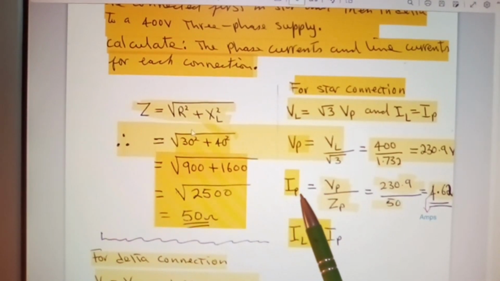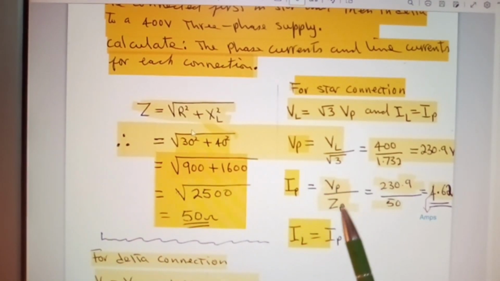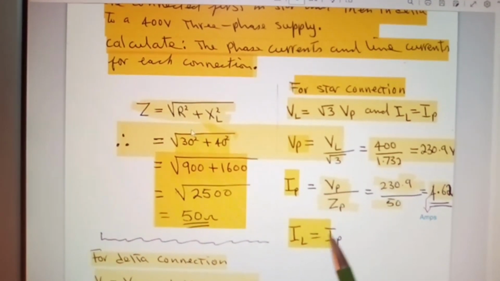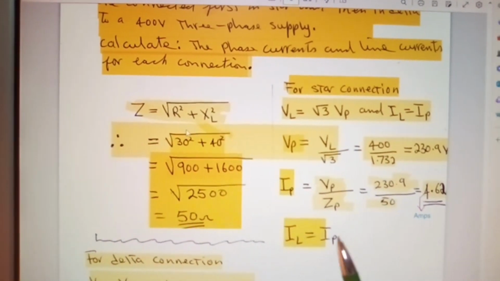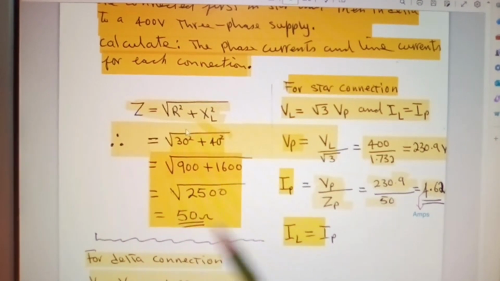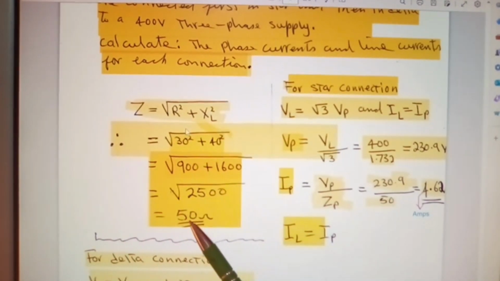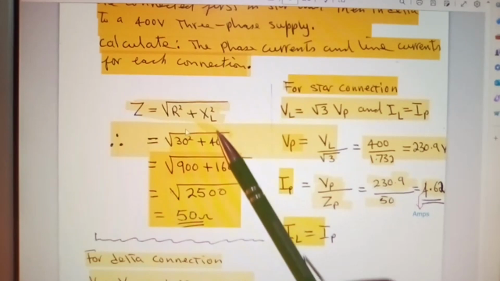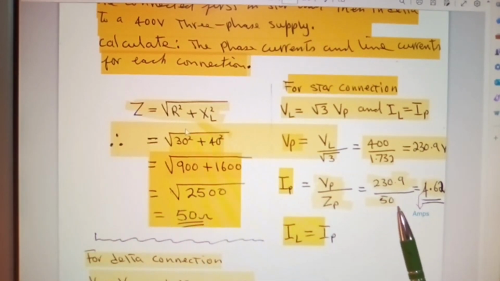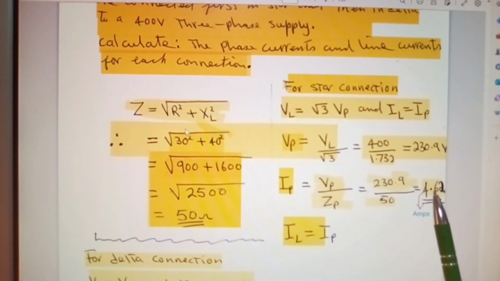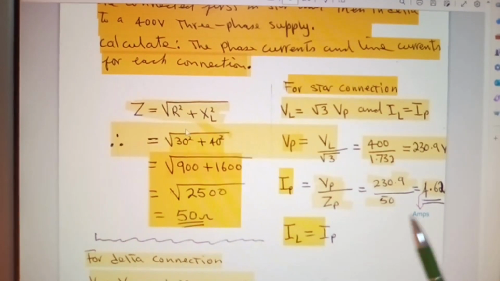I equals voltage over impedance, and the value of the impedance is 50, because we calculated it here already. So make sure you know where your information has come from. That gives 4.62 amps.